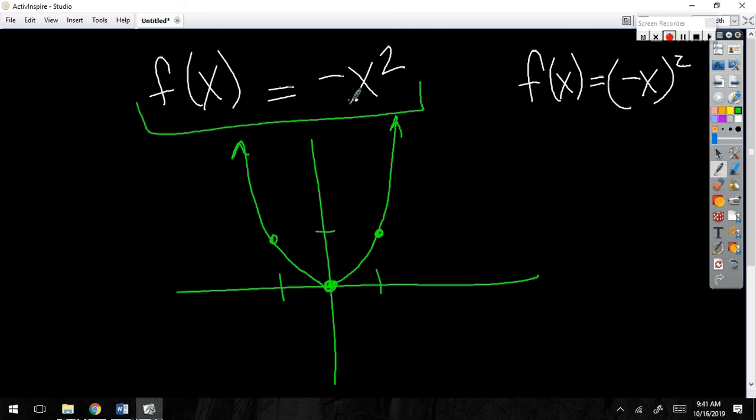Okay, so these aren't the same equation, right? This one is negative f of x. It's putting a negative in front of the equation. This one is putting a negative just to x, if my parent function is x squared.